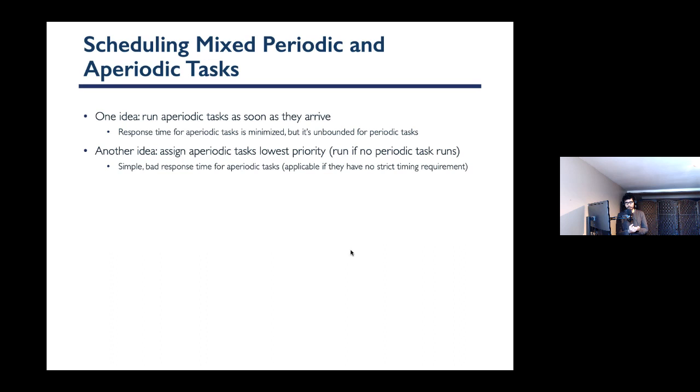That gives perfect predictability for your periodic tasks. You still can use all those bounds and guarantees that you had, but it's really bad for your aperiodic tasks. You could potentially starve them.